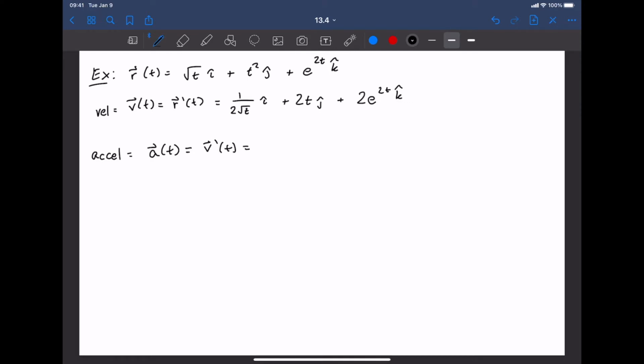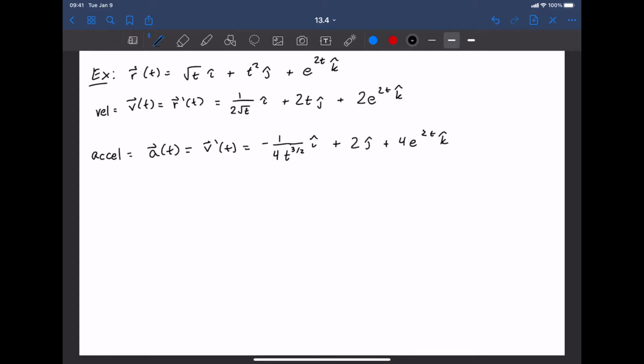You want to be careful with your signs and your powers here. It's negative 1/4 t to the negative 3 halves, plus 2 in the j, plus 4 e to the 2t in the k.